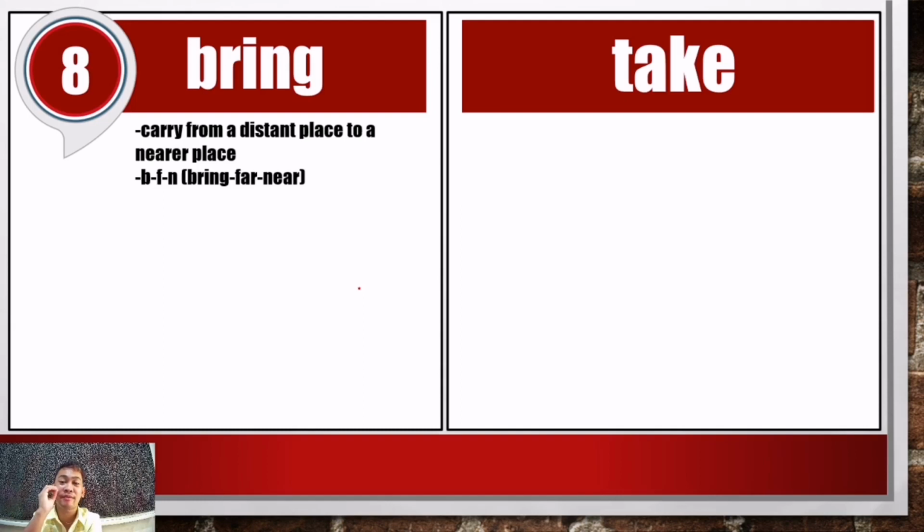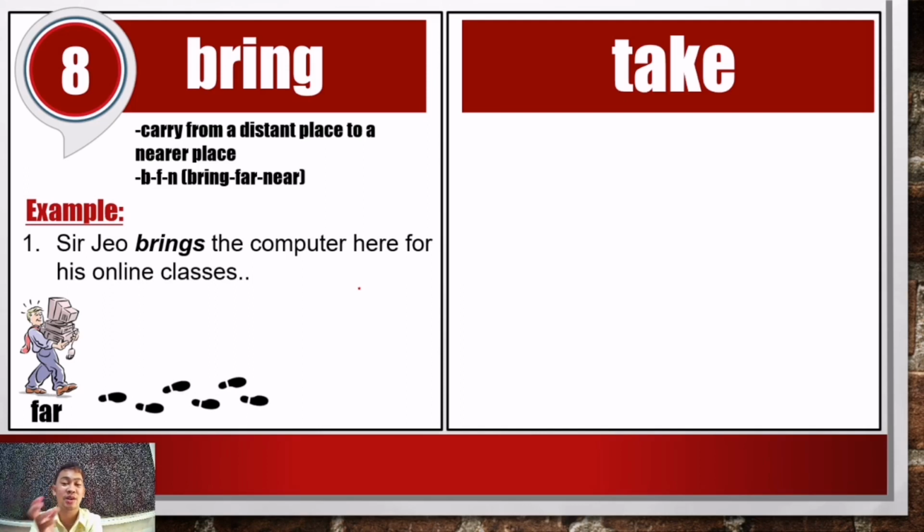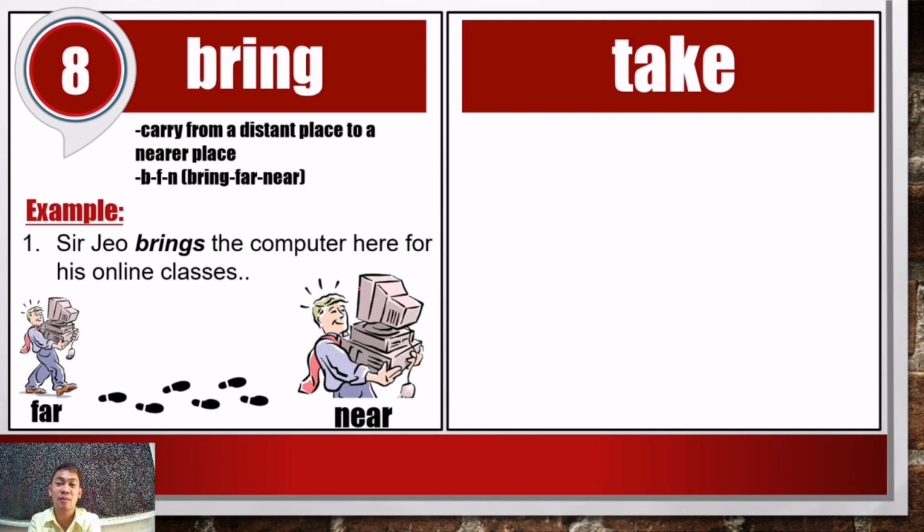Bring something from far to near. Bring, far, near. For example, Sir Geo brings the computer here for his online classes. So that would only mean that Sir Geo brings the computer from a far place or area to somewhere near. Just like there, it's presented by these images.